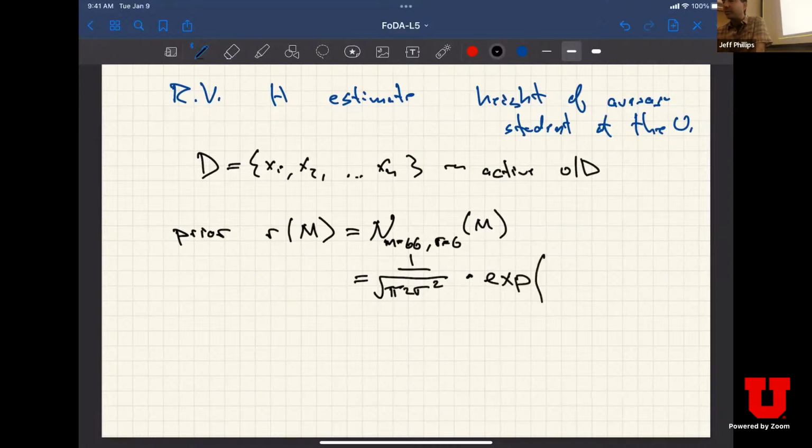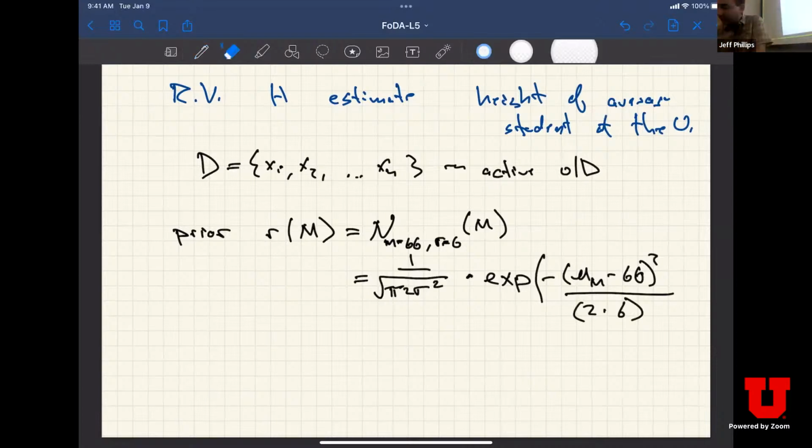Okay, and it's e to the power negative x minus the mean, squared, divided by 2 times sigma squared. Let me go back to this, where m is what I'm trying to estimate, the mean of this distribution.